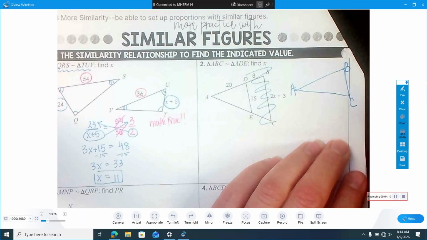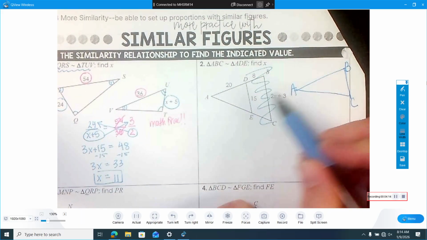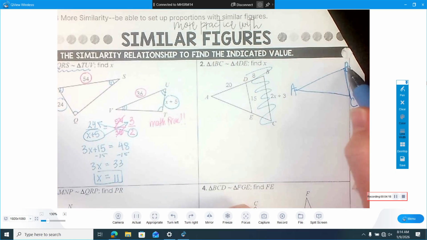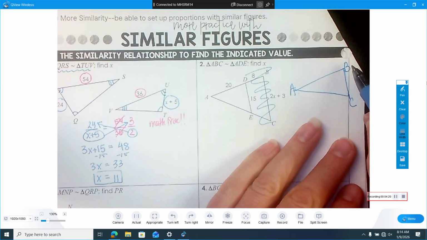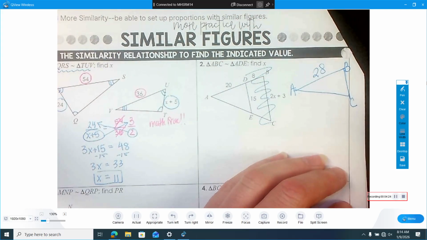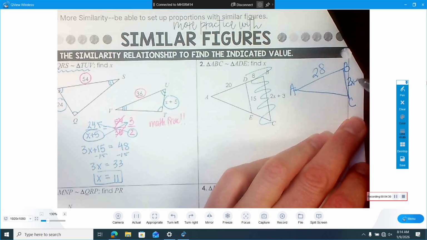So I had just this little piece DB, but my triangle is actually the whole entire side. What is that whole entire side, AB? 28. How did we get that? You added them together, right? And then BC is 2x plus 3.